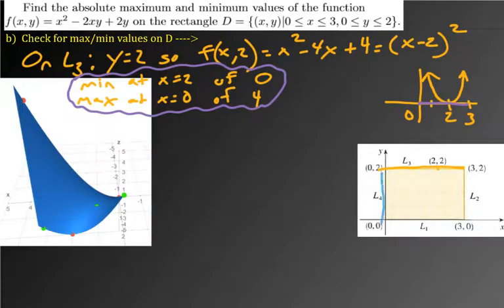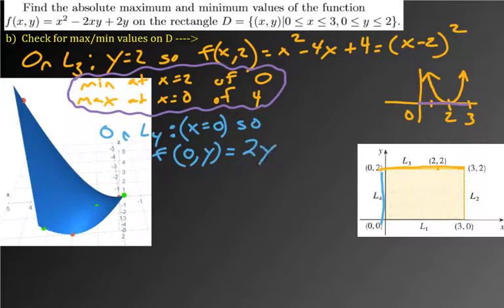So line 4. So on line 4, basically here, we have that x equals 0. So we simplified to 0 comma y, which would be just the function 2y, right? And in terms of y values, it's a nice increasing linear function.